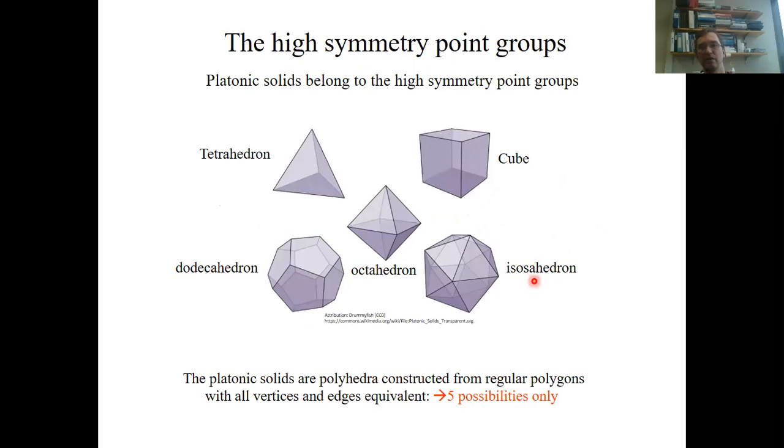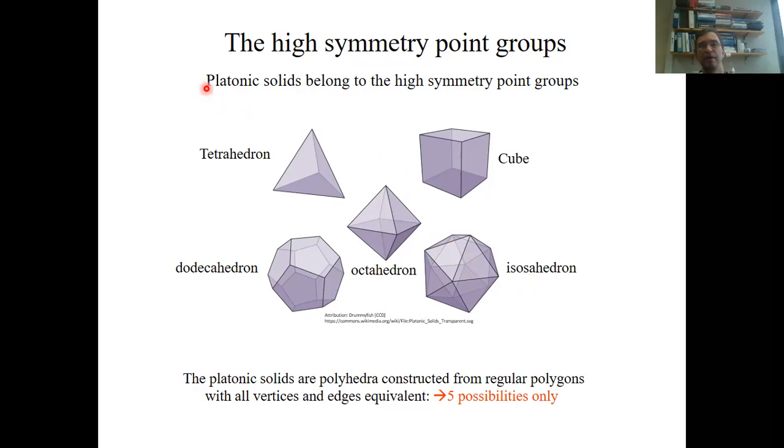On the opposite end, we have the so-called high symmetry point groups that contain a lot of symmetry elements and a lot of symmetry operations. You can understand high symmetry point groups the easiest way, I believe, when you derive them from the concept of Platonic solids.